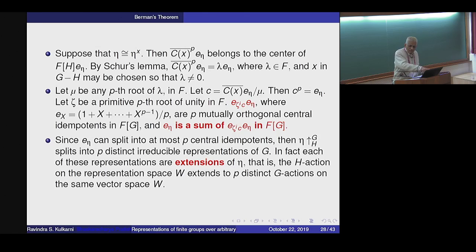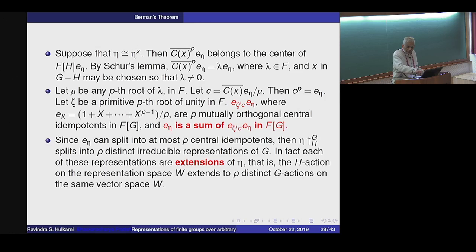Then, for an algebraically closed field, by Schur's lemma, C bar x to the p e eta is a scalar, lambda e eta, where lambda is in F, and x in G minus H can be chosen so that lambda is not 0. Now, let mu be any pth root of lambda, which exists because F is algebraically closed, and let little c be C bar x e eta over mu.